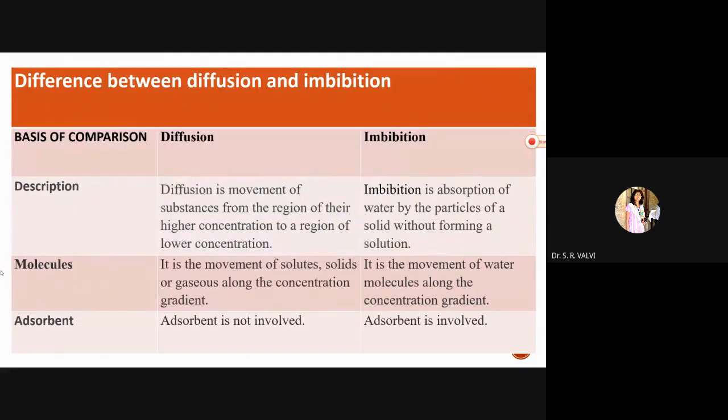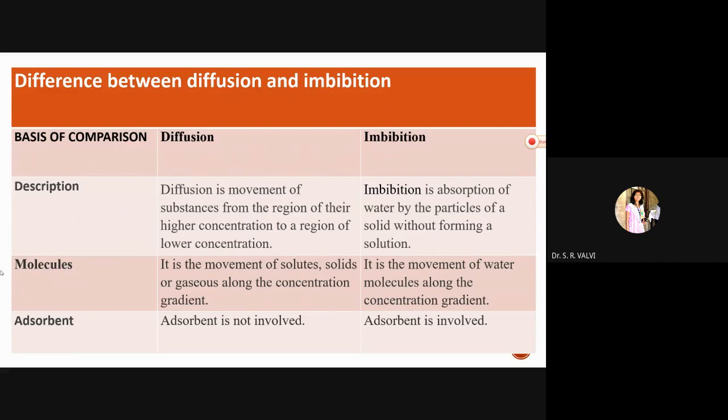Now the last point of this chapter, the difference between diffusion and imbibition. You must know and learn these differences. First, in the definition: diffusion is movement of substance from a region of higher concentration to a region of lower concentration.